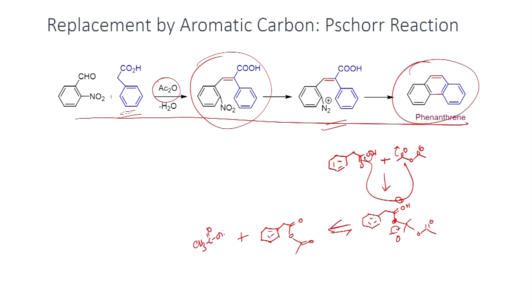Already we have seen the reaction pathway when we discussed the Perkin reaction. Once we form this one, it can undergo condensation with the aldehyde, and since you have the acidic medium, protonation of this aldehyde followed by the enol of this carbon can lead to the condensation.